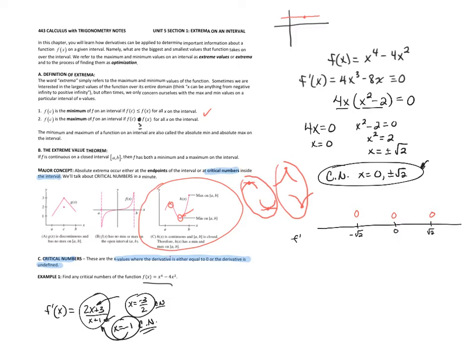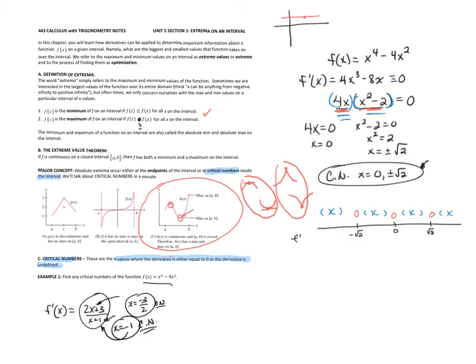And what I'm going to do is think about having these two factors right up here, the 4x and the x squared minus 2. And to show that, I'm going to put little sets of parentheses like that and that. So it's as if I have two sets of parentheses because I've got two factors there. And I'm going to do that in each little interval.